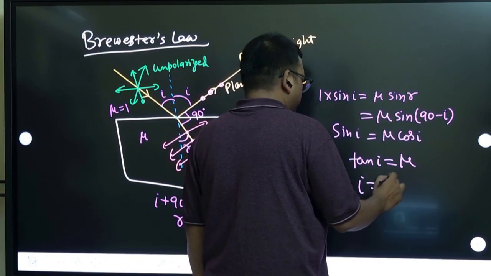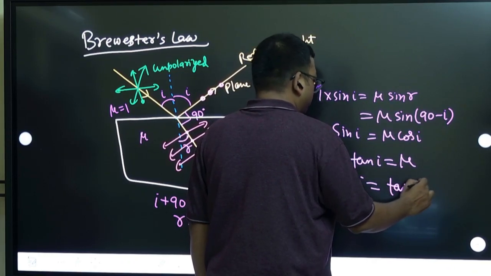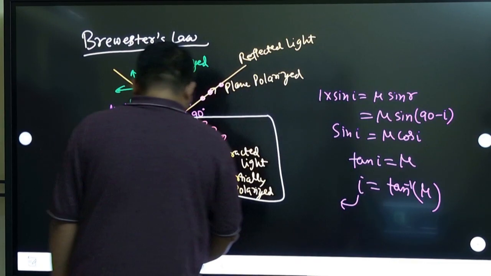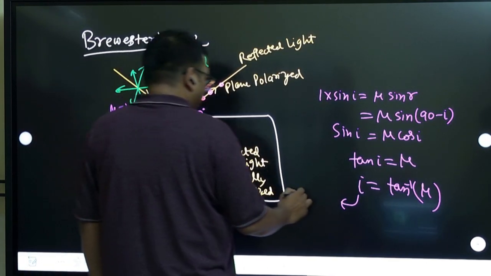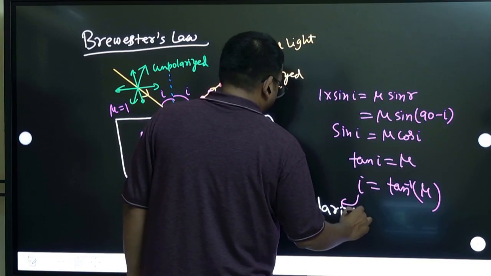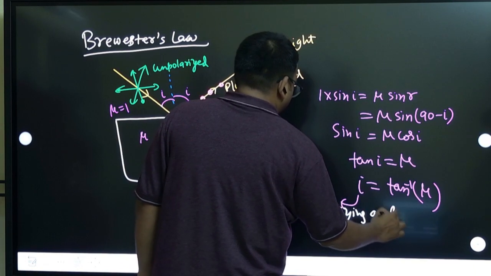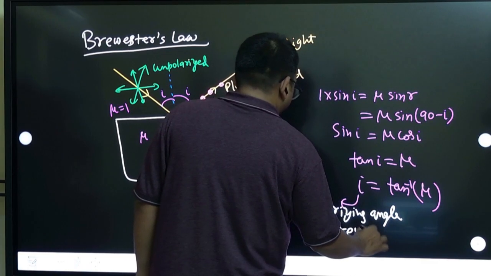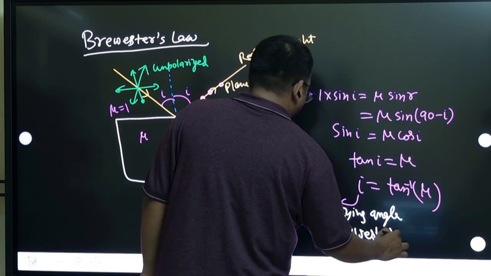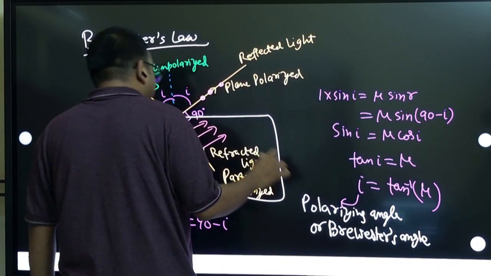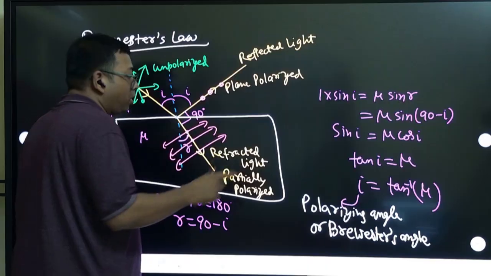This I is tan inverse mu. This is called polarizing angle or Brewster angle. Okay, and this is what is called Brewster's law.